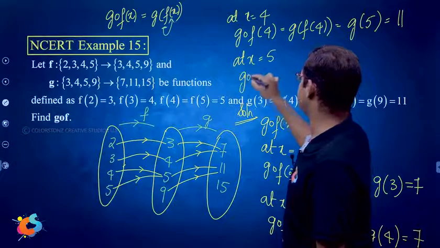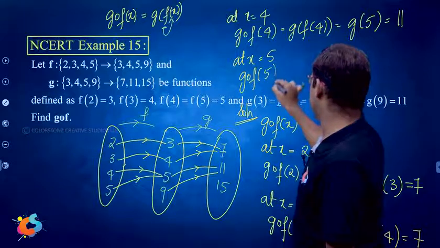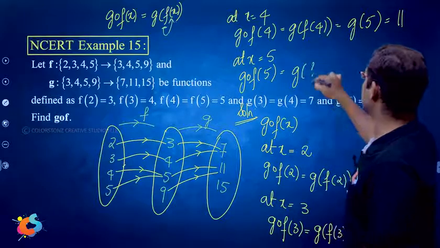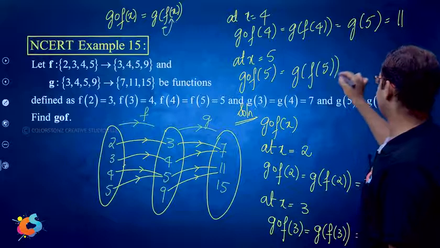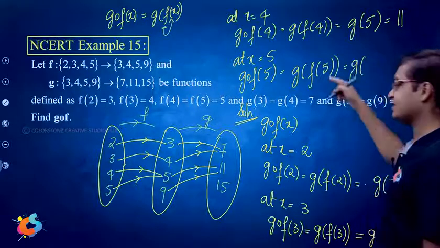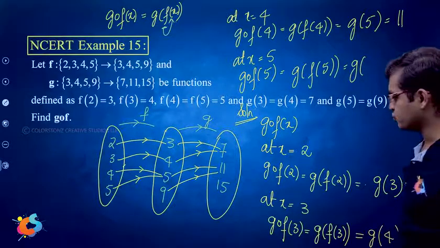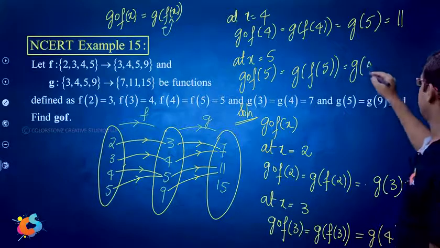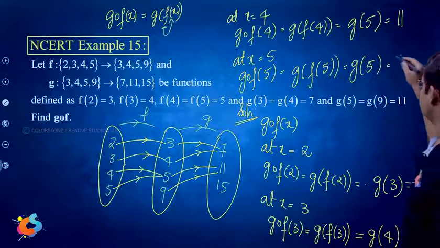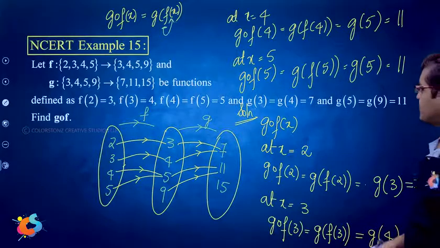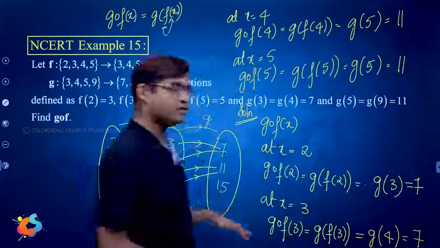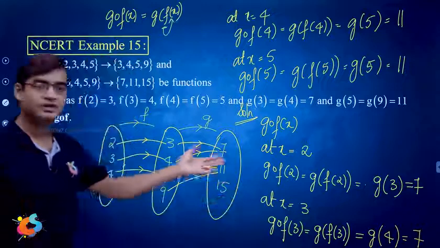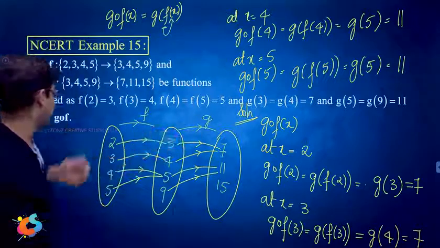Okay, and in the same way, at x is equal to 5. Now this is very simple. We understood how to do it. We have to go to the innermost function first and then find the answer for this one and then come out gradually. So f of 5 is 5 and G of 5 is 11. So that's it. We have taken all those values of x which come from the domain of this function.